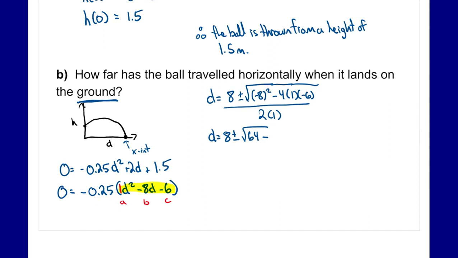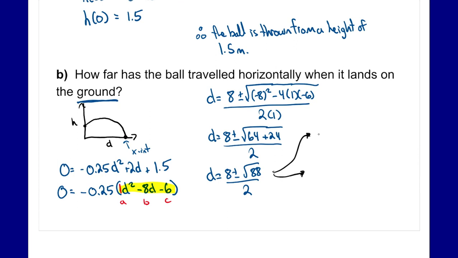plus 24 divided by 2. I get d is equal to 8 plus or minus the square root of 88 divided by 2. Now it's not asking us for the exact value, so I don't have to worry about converting or simplifying my radicals. I can just work with the decimal version.